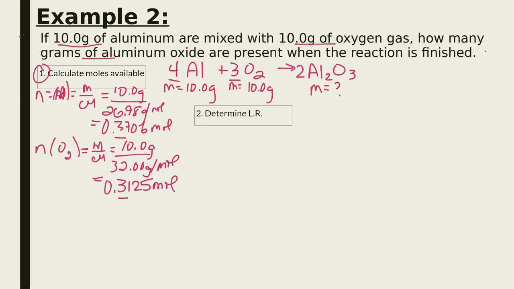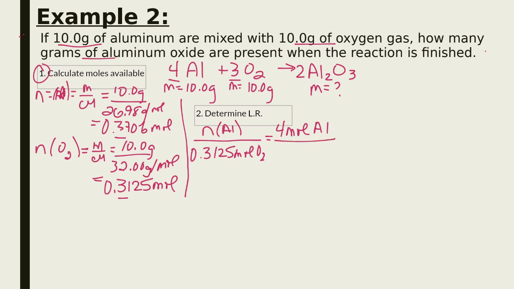Let's pick aluminum and let's figure out how many moles of aluminum we would need. I'm just going to sort of separate that. If I reacted all of the oxygen, so 0.3125 moles of O2 is what I'm going to react away, the molar coefficients are 4 moles of aluminum for every 3 moles of oxygen.